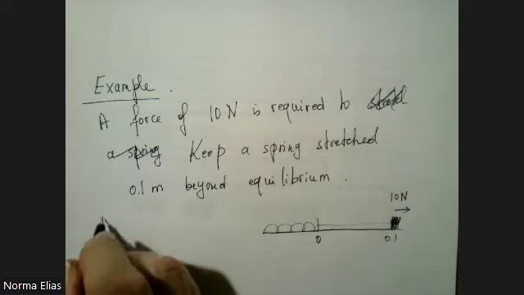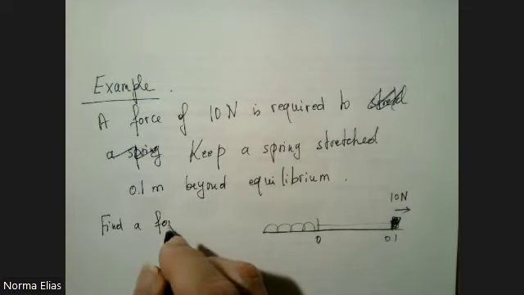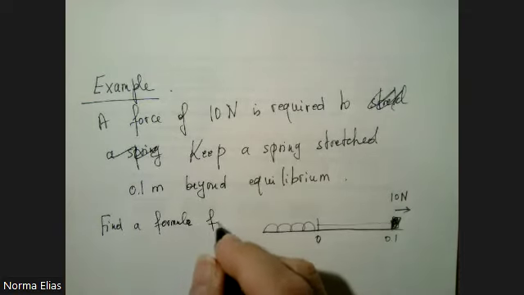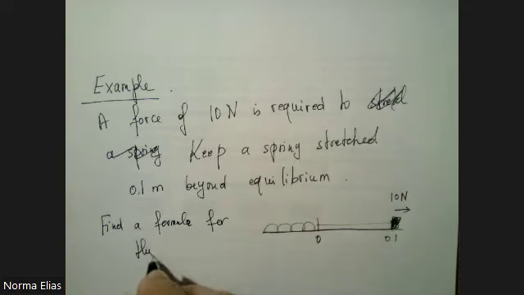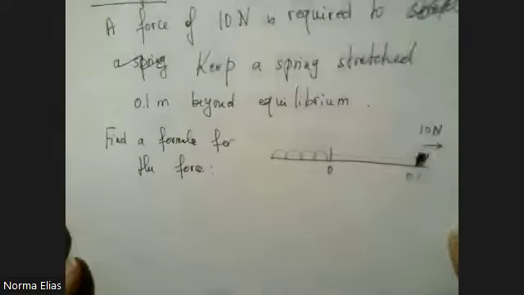The question is, find a formula for the force. It means what's the force to move it 0.2, 0.3. We're given one number that tells us if you stretch it 0.1, it's 10 Newton. The question is to find it for any other number.